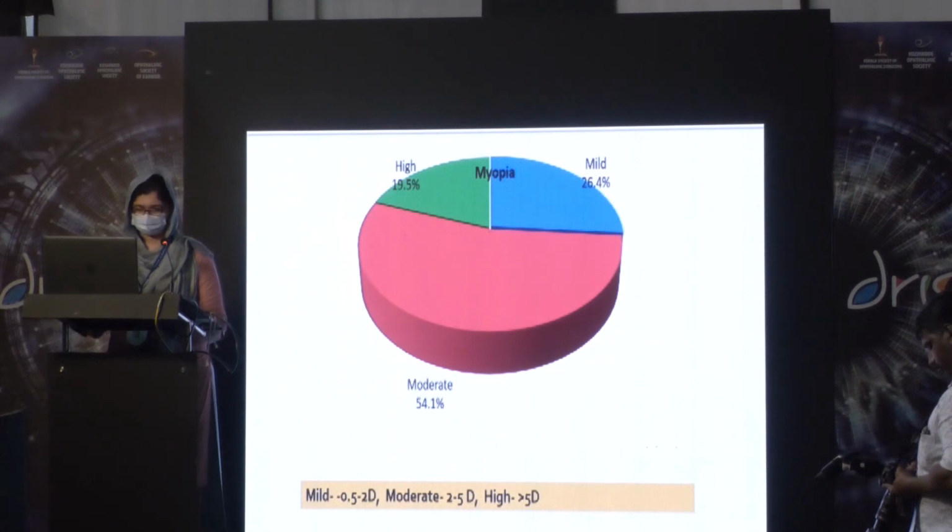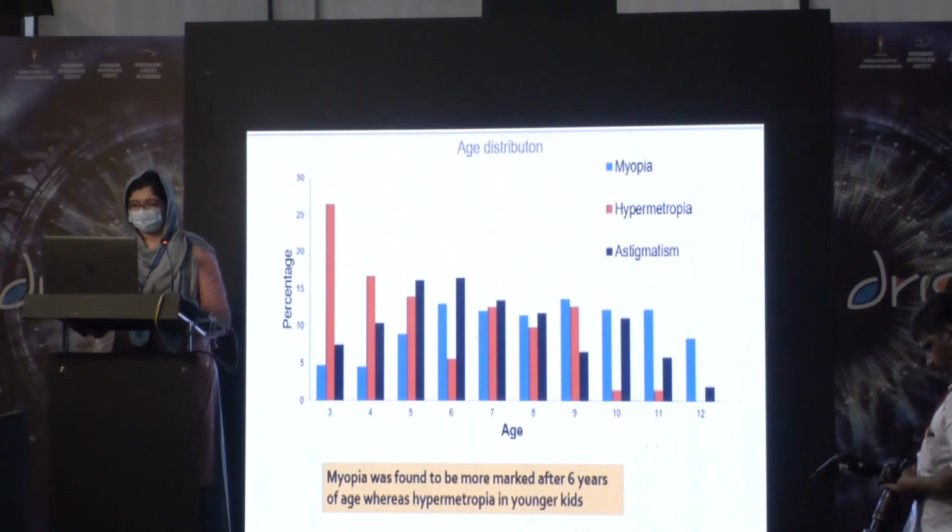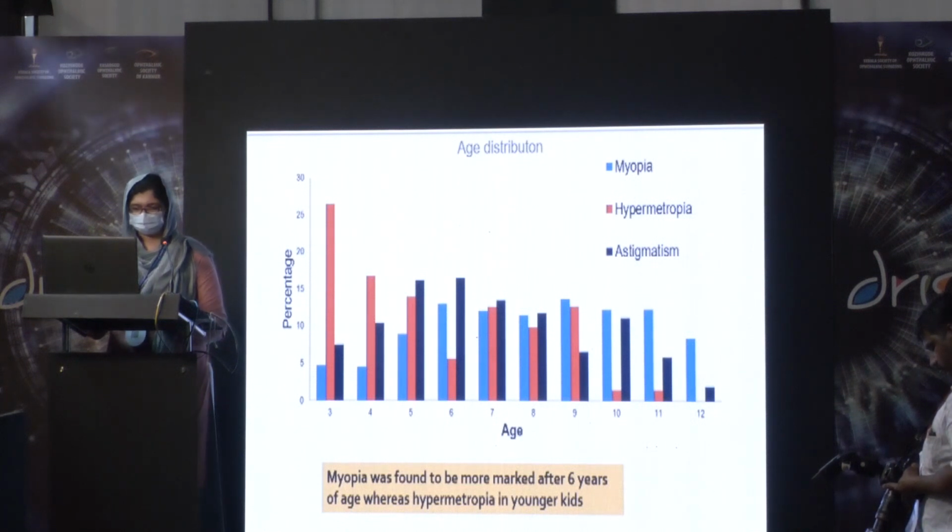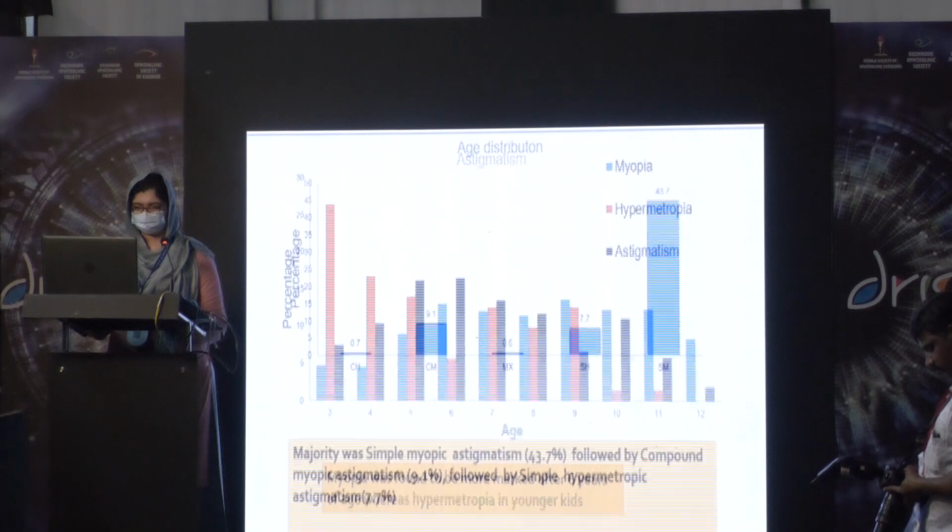When myopia was further categorized, moderate myopia was the most common with 54.1%. When categorized according to age, myopia was more marked after 6 years of age, whereas hypermetropia was more in younger kids.